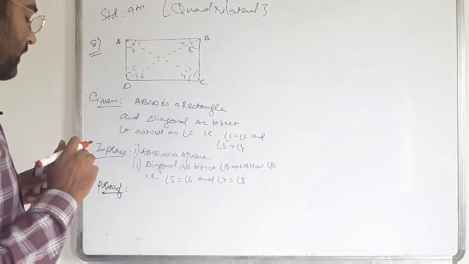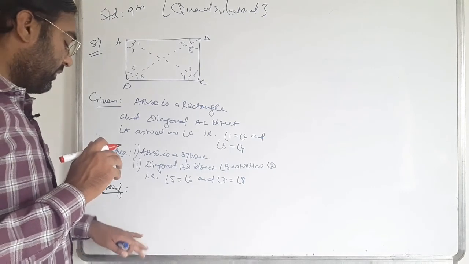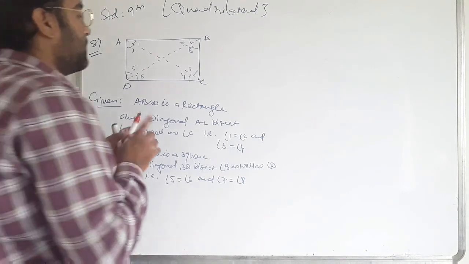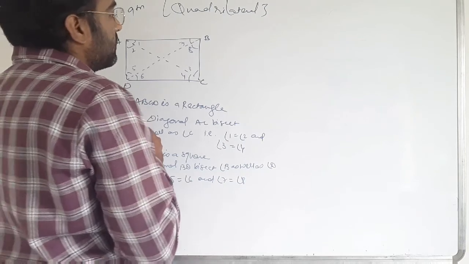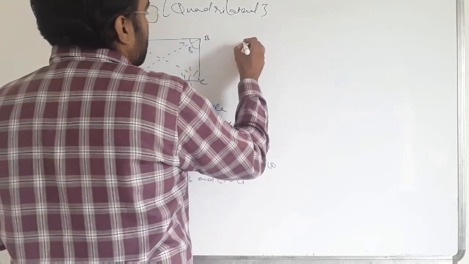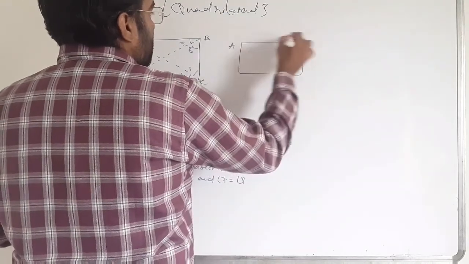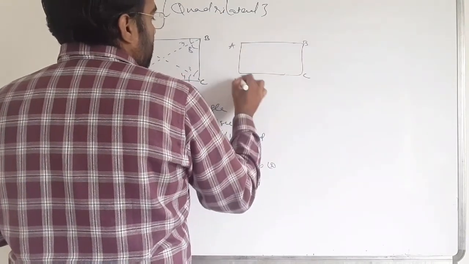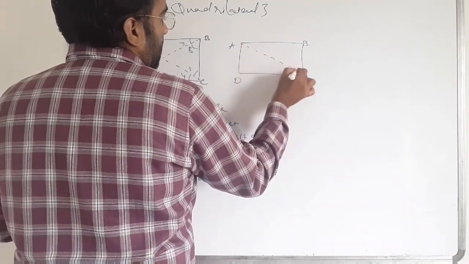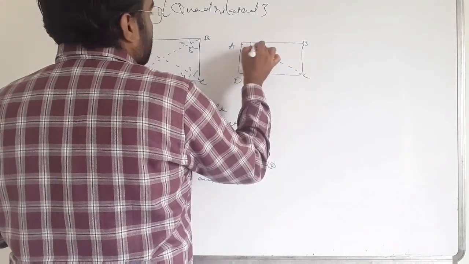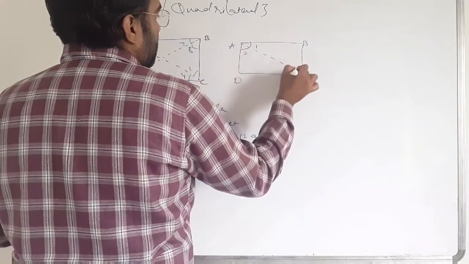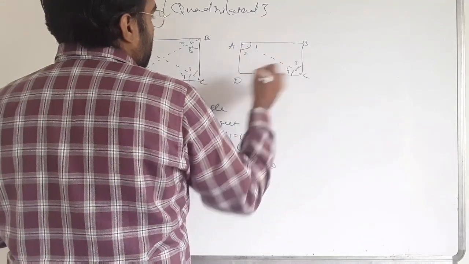Okay. So for that we have to take AC as a diagonal. In the figure from the previous one, ABCD, we take AC as a diagonal. Okay.